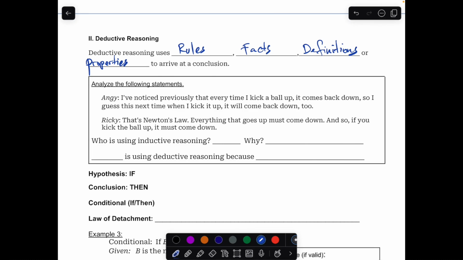So who is using inductive reasoning? It's Angie, because she's using a pattern. She observed that every time she kicked the ball, it goes down. That's her pattern. Ricky, on the other hand, is using deductive reasoning because he's using Newton's law.